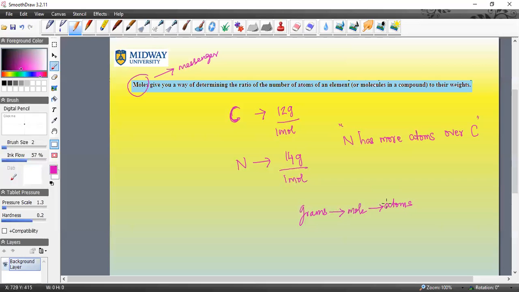We're going to determine how many atoms there are, and the sequence is still the same, but we're going to do a couple of problems.